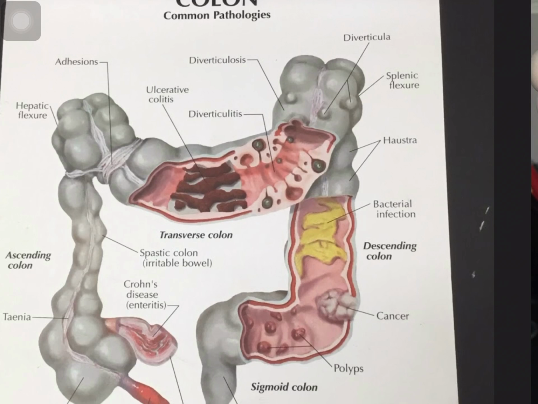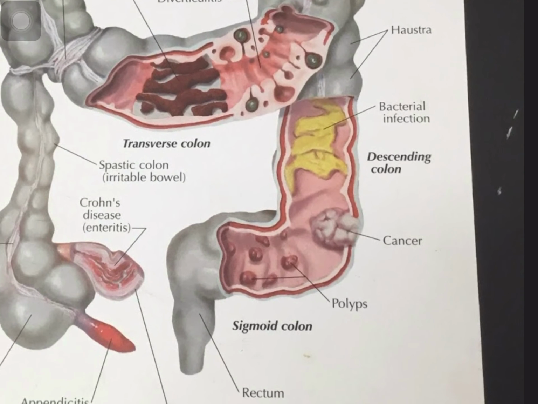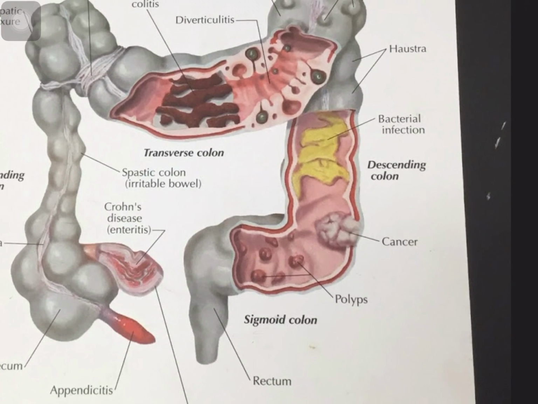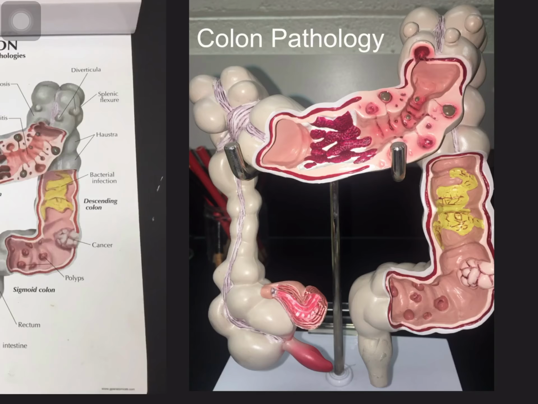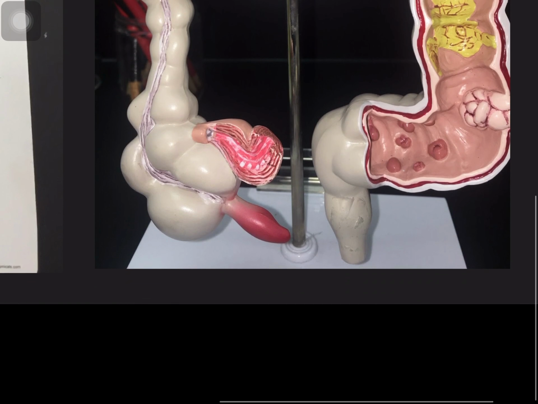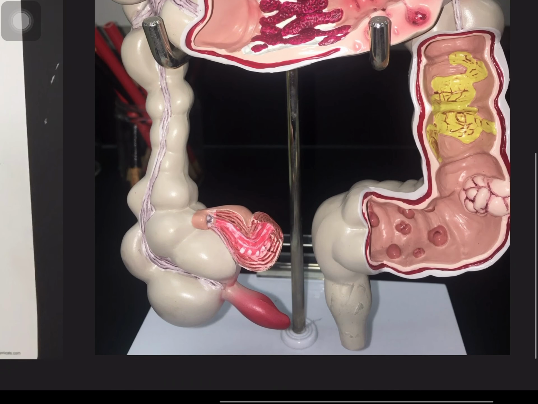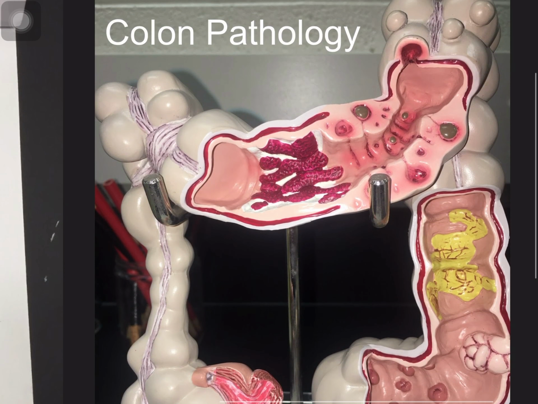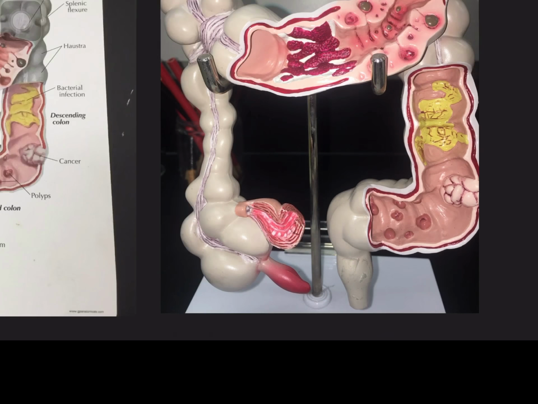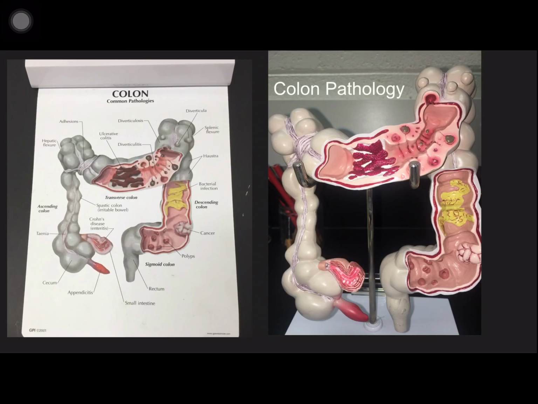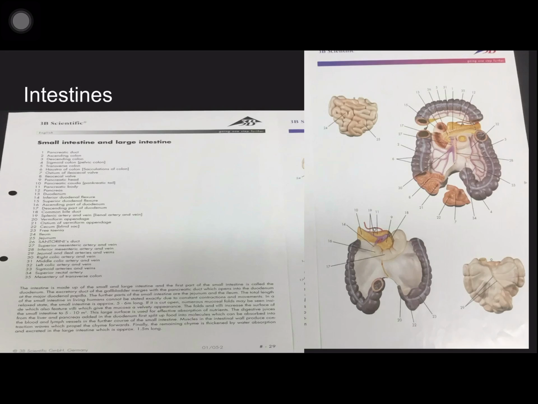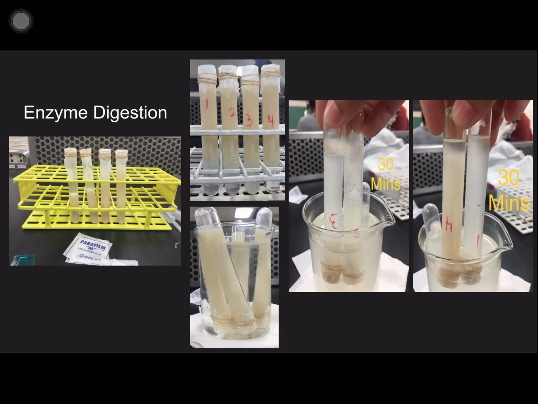Descending colon cancers could also be an issue. Polyps can affect the sigmoid colon, and all of this can be seen in this figure. All of these different problems that could occur in a large intestine are called colon pathology. Some pictures to help visualize the large intestine and small intestine.